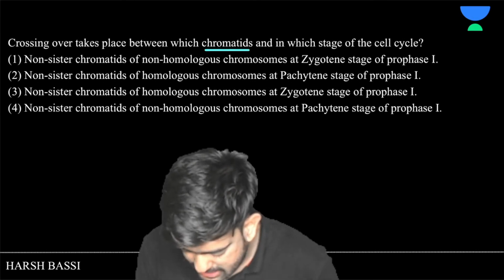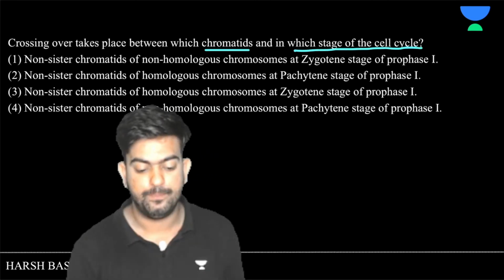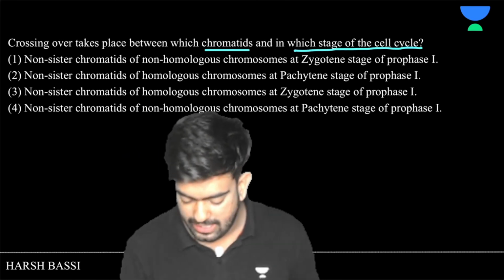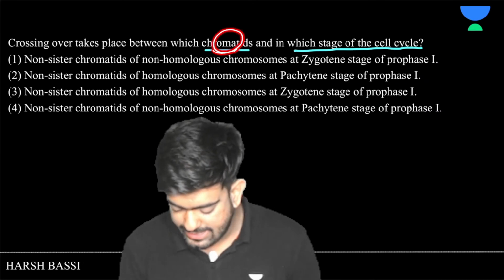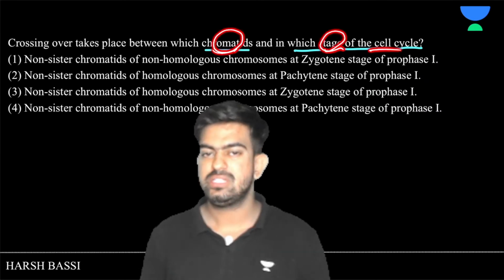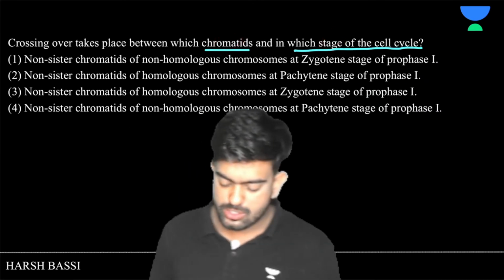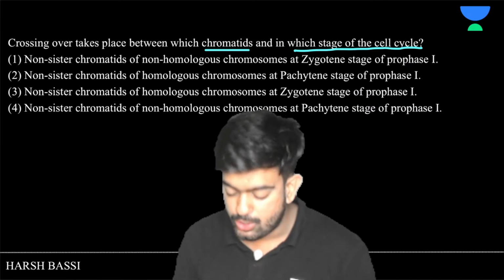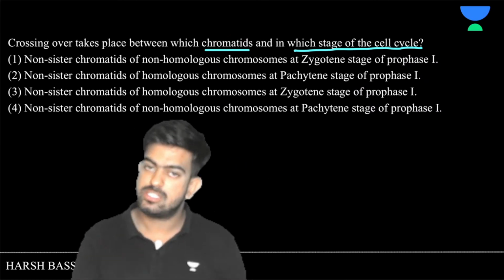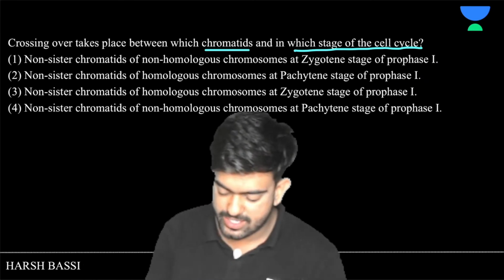Now let's talk about which chromatids crossing over takes place between, and in which stage of the cell cycle. Crossing over takes place between non-sister chromatids or sister chromatids? First, let us figure this out.